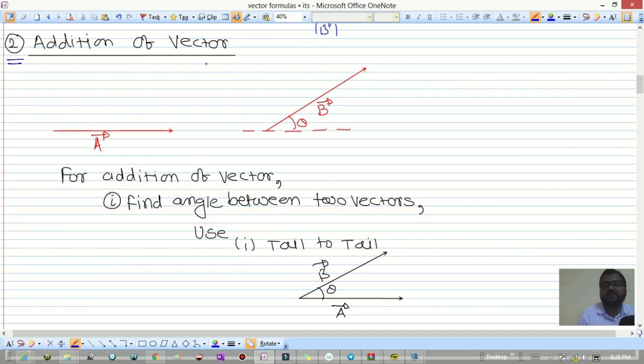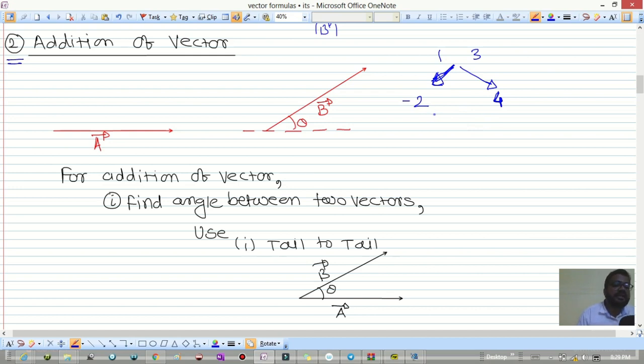If you add 1 with 3, it will have a range, between -2 to 4. Magnitude wise it is only between 2 to 4.